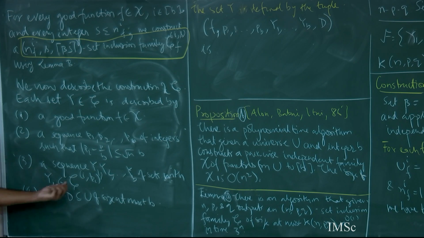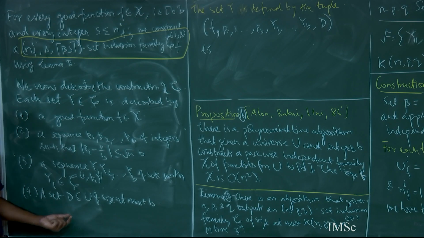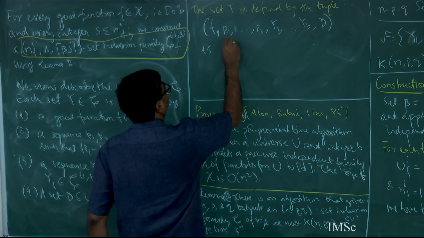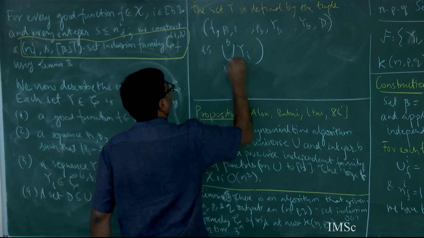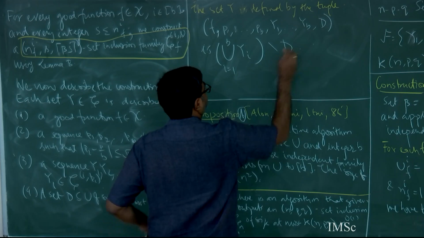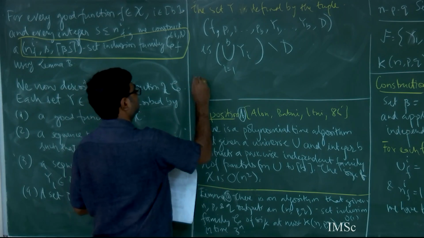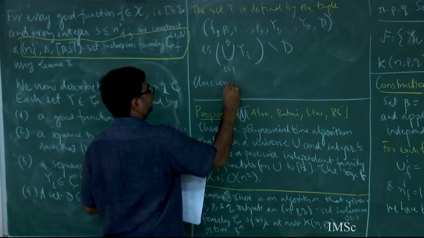Look, these are the elements which are contained inside the set you hope for, and D is trying to take care of the extras which you would have covered. So this is basically the union over i equal to 1 to b of yi, minus D. That's it. This concludes the construction.